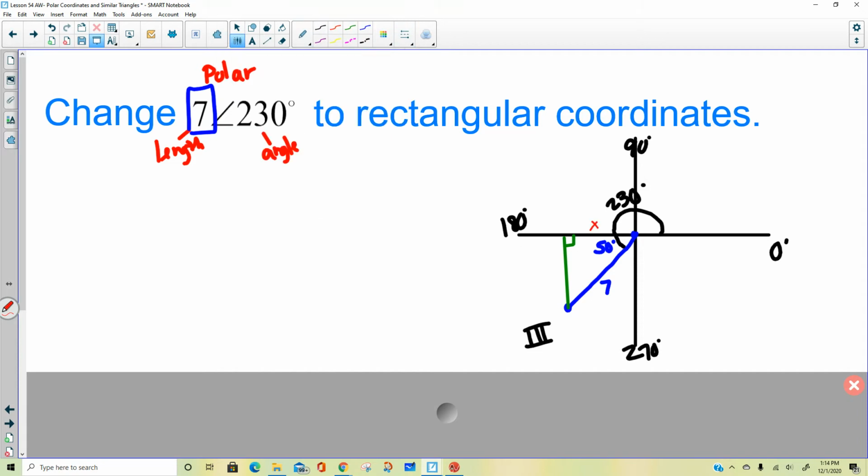Okay, we have to go find x and y. We're going to tell somebody how to get to this point. Basically, we're going to say from the origin, we're going to go left, which is negative, right? And then we're going to go down, which is also negative. But we got to find the length of those pieces. So to find x, we're using this 50-degree angle because you got to use that.